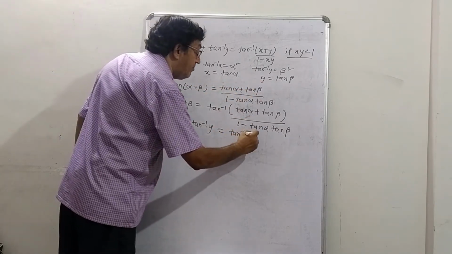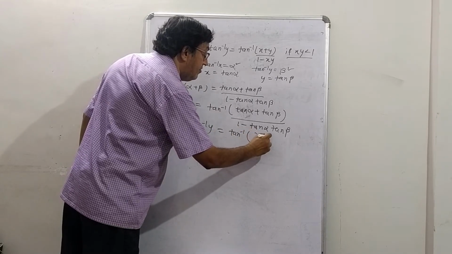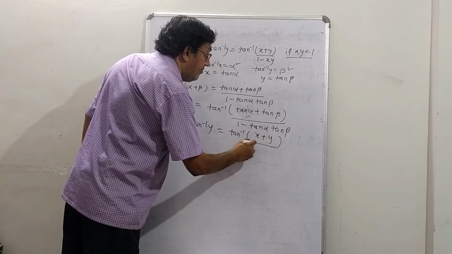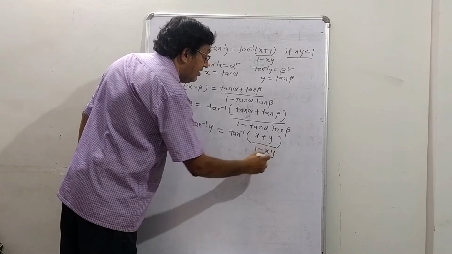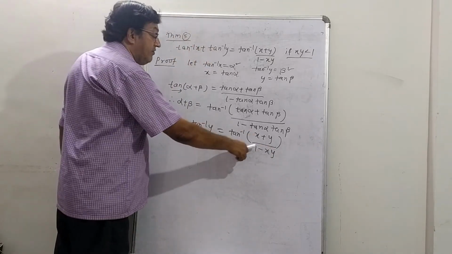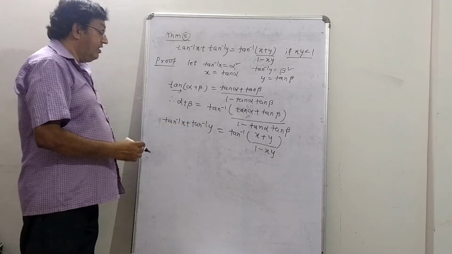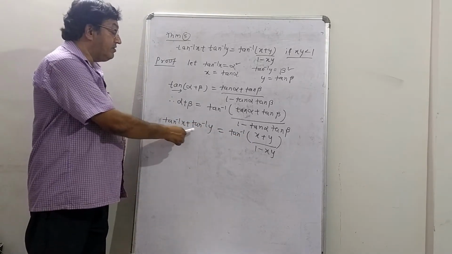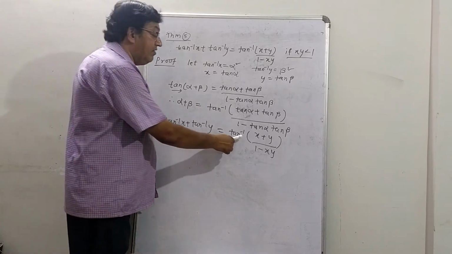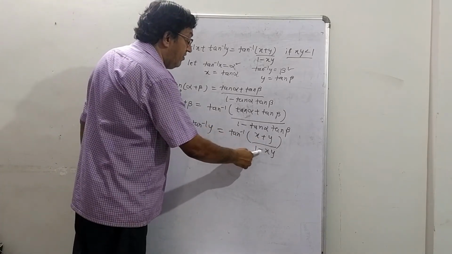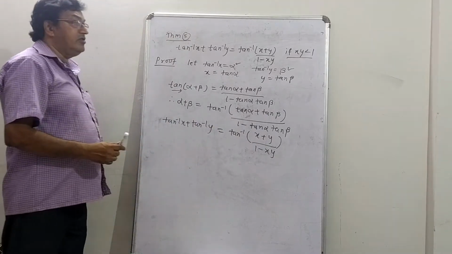So the right hand side, tan alpha plus tan beta, will be x plus y divided by 1 minus tan alpha, again x, tan beta is y. So it will be tan inverse of (x plus y) upon (1 minus xy). Therefore tan inverse of x plus tan inverse of y equals tan inverse of (x plus y) upon (1 minus xy). This is the proof.